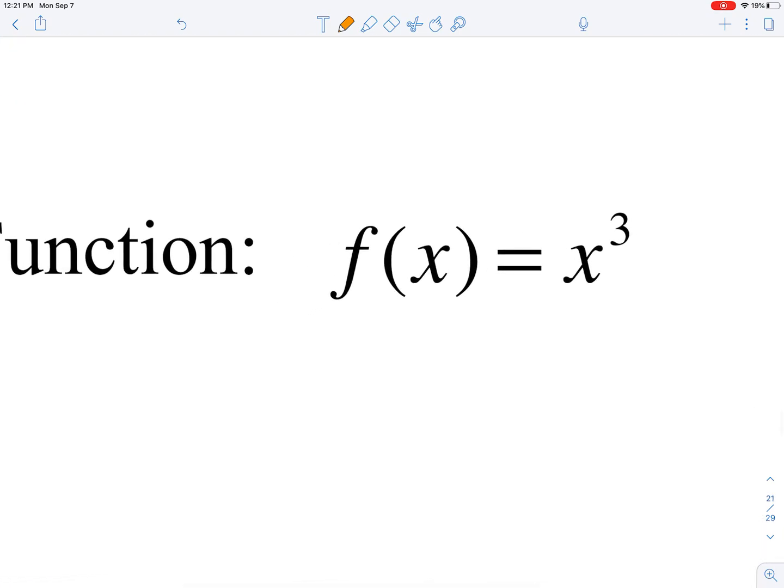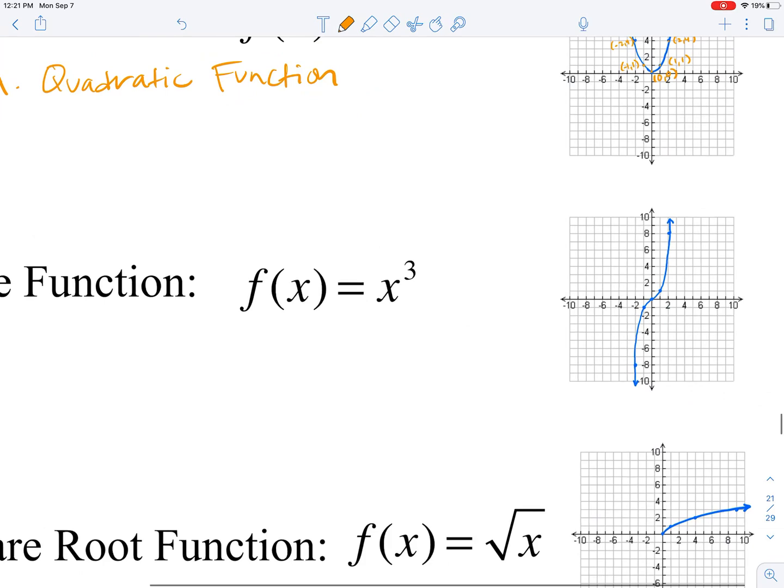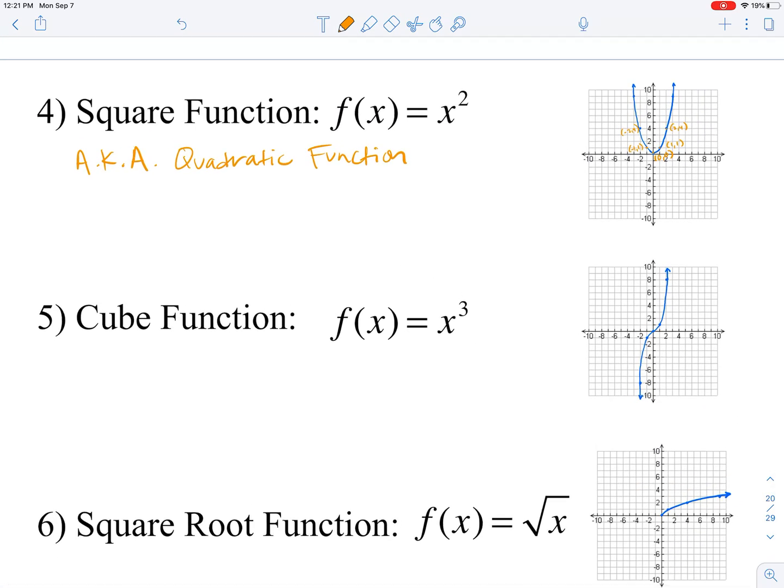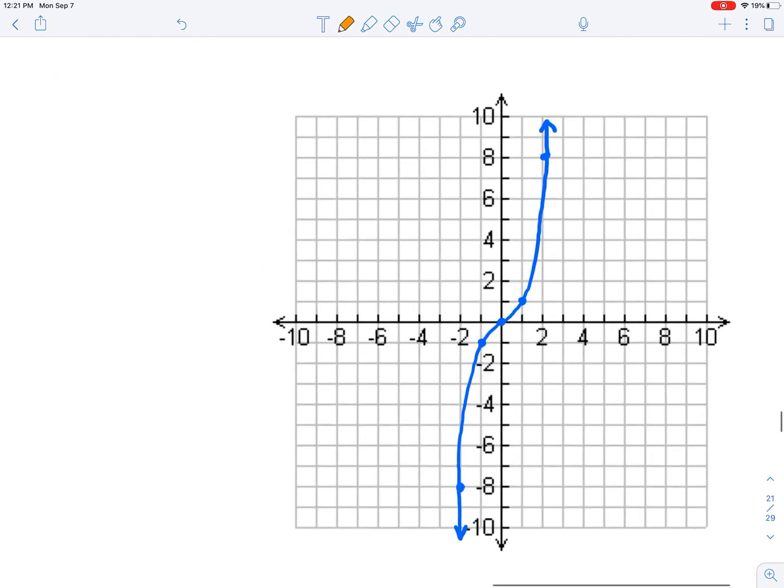Okay, the cube function. I had a student years ago refer to the cube function as the chair function. It helped him remember when he was looking at it, he saw a chair. So I always refer to it now as the chair function as well. But the points that I always think about are especially -1, -1, the origin 0, 0, and 1, 1.